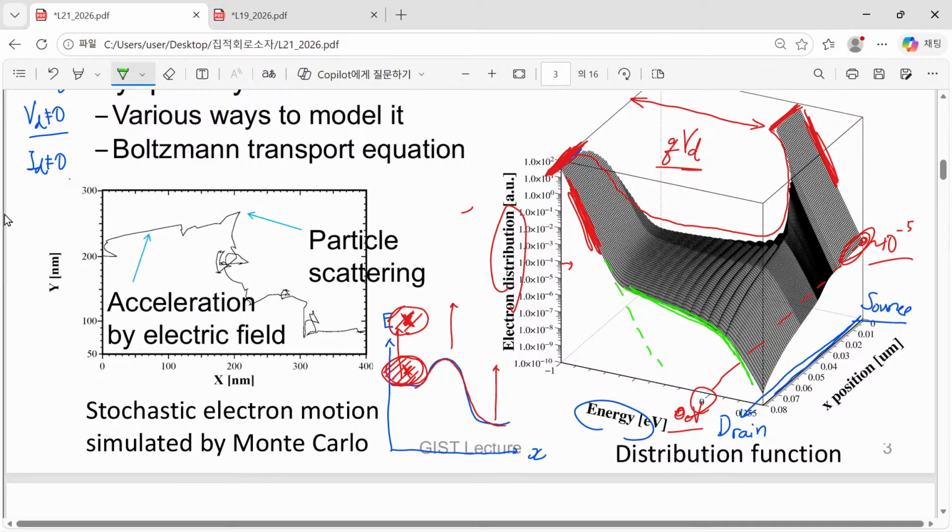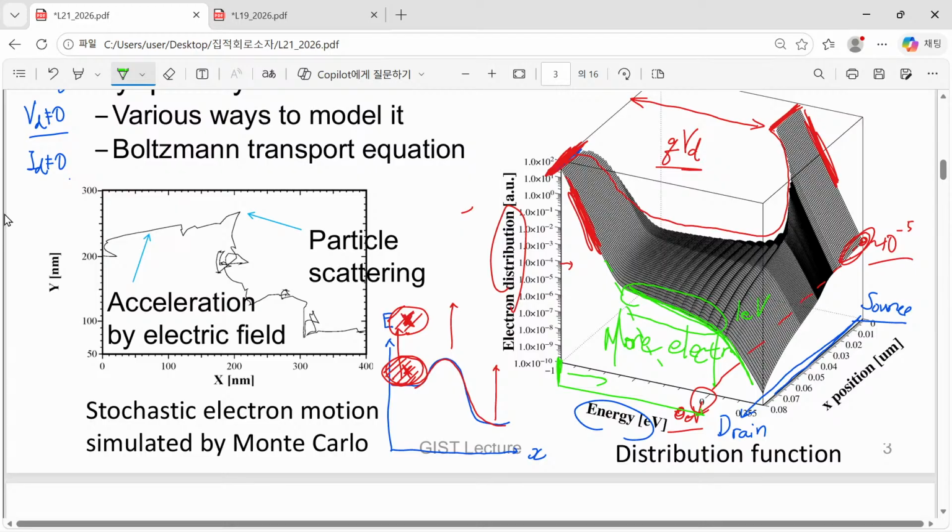But what is this? It means that in this device, when we apply a high drain voltage, in a certain energy range we can expect more electrons whose kinetic energy is non-negligible. Because kinetic energy is measured from this bottom energy, this is corresponding to 0.3, 0.4, and almost 1 eV.